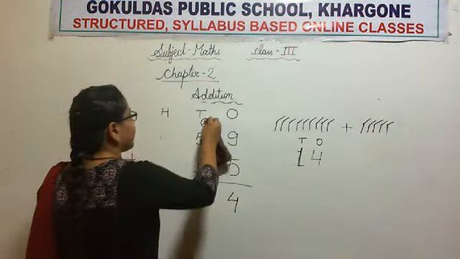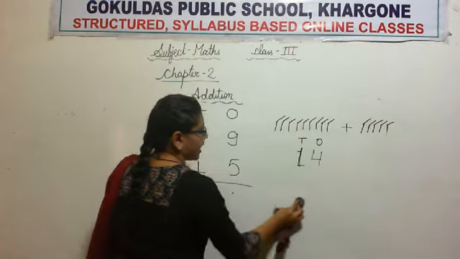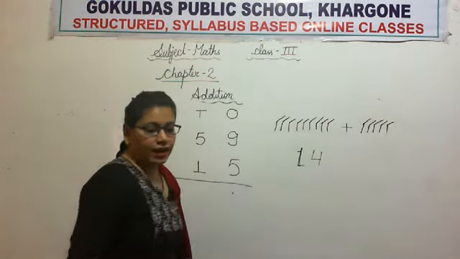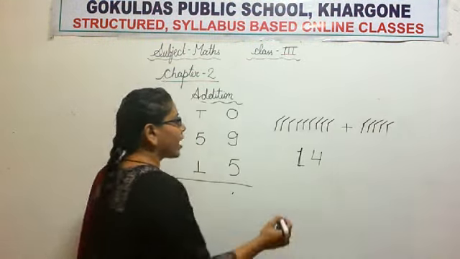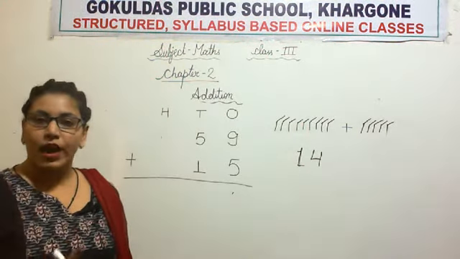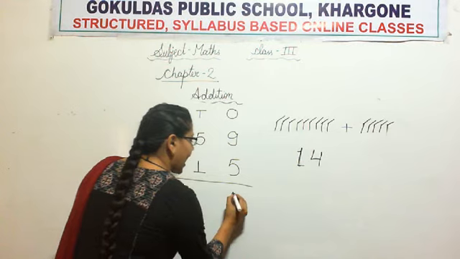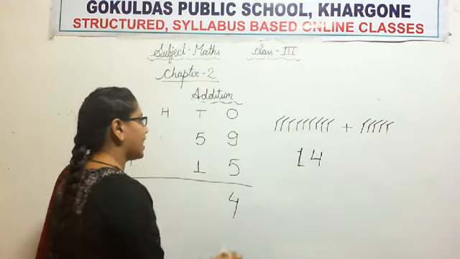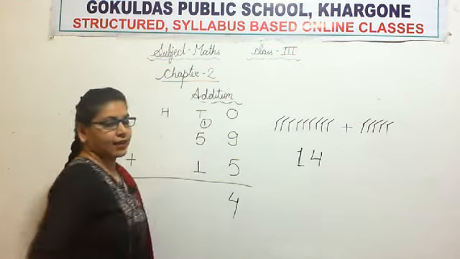Or, for our understanding, we can learn it like this also. We got a 2-digit answer, but we can write only 1 digit here. So we will write 1 digit here and the next digit here.